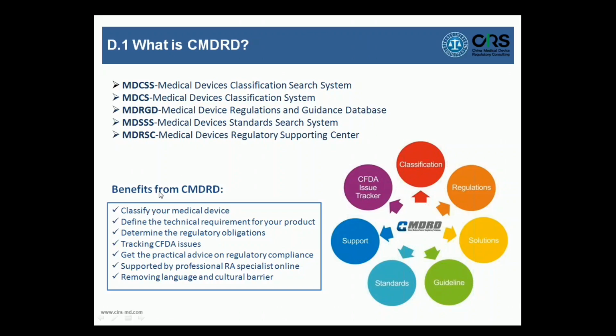And when you use our CMDRD, you can get benefits like classifying your med device, defining the technical requirements for your products, determining the regulatory obligations, checking CFDA issues, getting practical advice on regulatory compliance, support from professional specialists online, and removing language and cultural barriers.